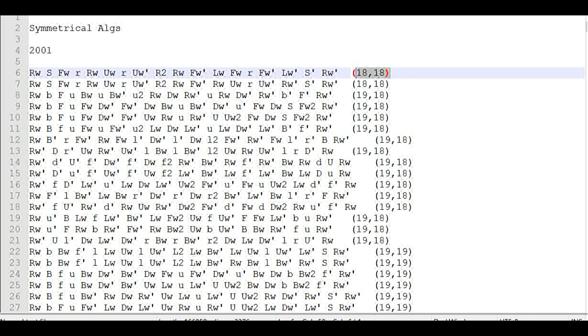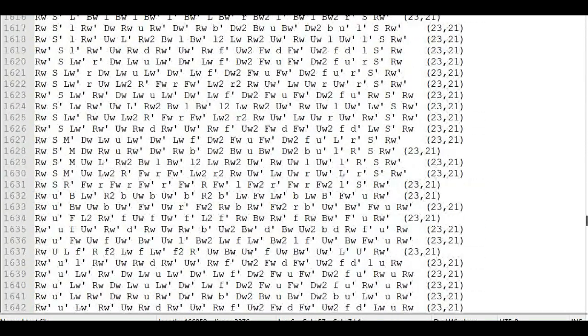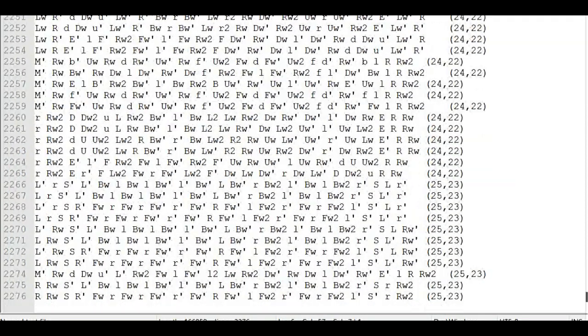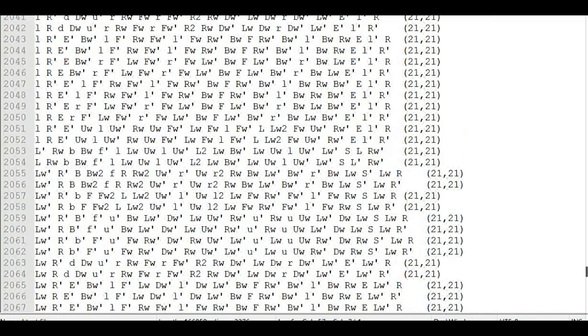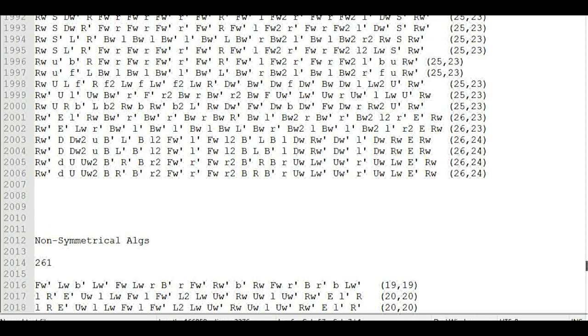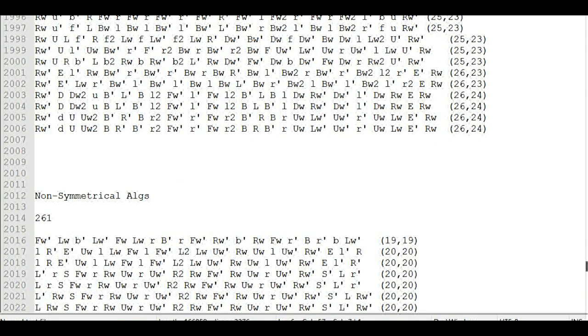So with the single Dutch flip, the range of algorithm lengths, the reason why it was so many algorithms, which I'm trying to explain, the minimum was 18, and it goes all the way up to 26. So from 18 to 26 quarter turn move algorithms, it found all of these.